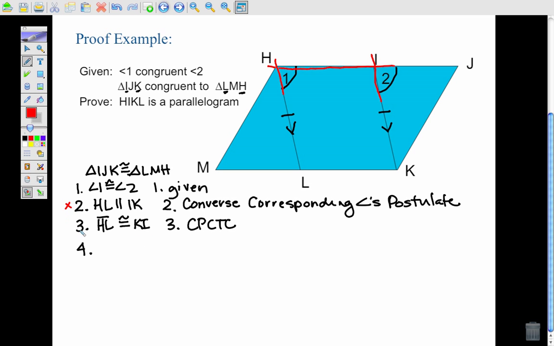Okay, so step number 4, now we have parallel sides here, right here. We have congruent sides here. Those are the same pair of opposite sides. So we can go ahead and say that HIKL is a parallelogram.